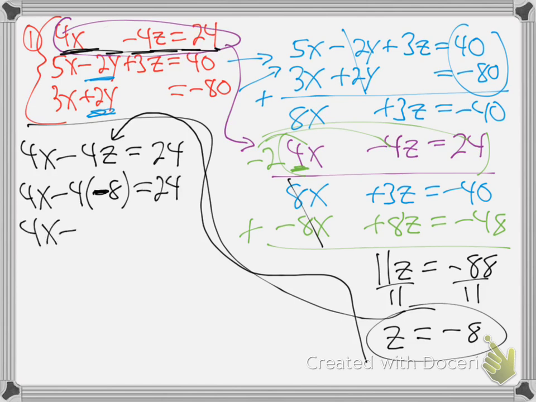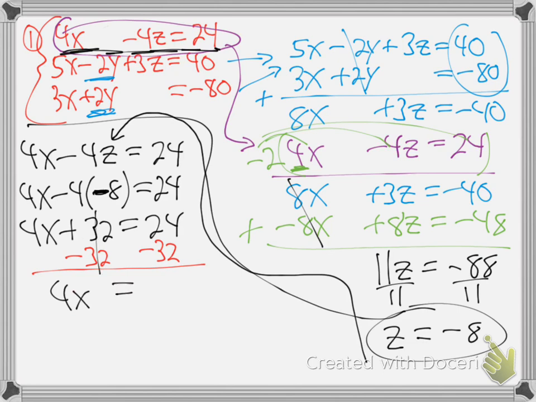And so what do we get? 4x plus 32 equals 24. Subtract 32. 4x is minus 8, divided by 4. x is minus 2. So we've got x and z.